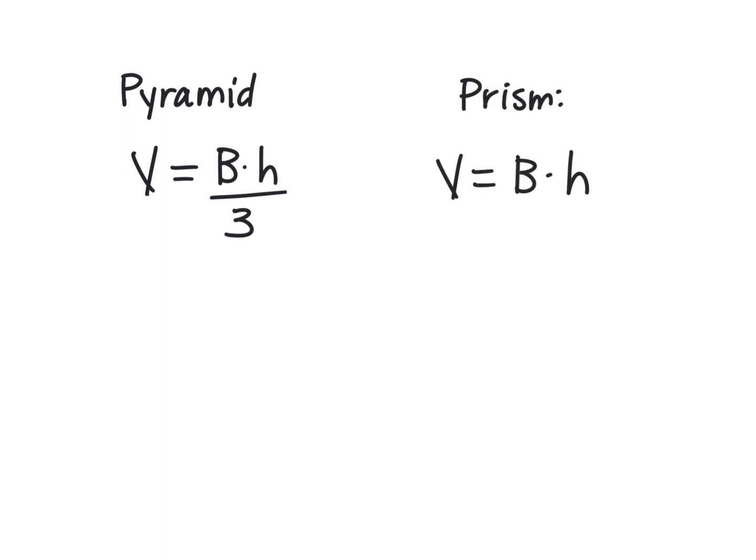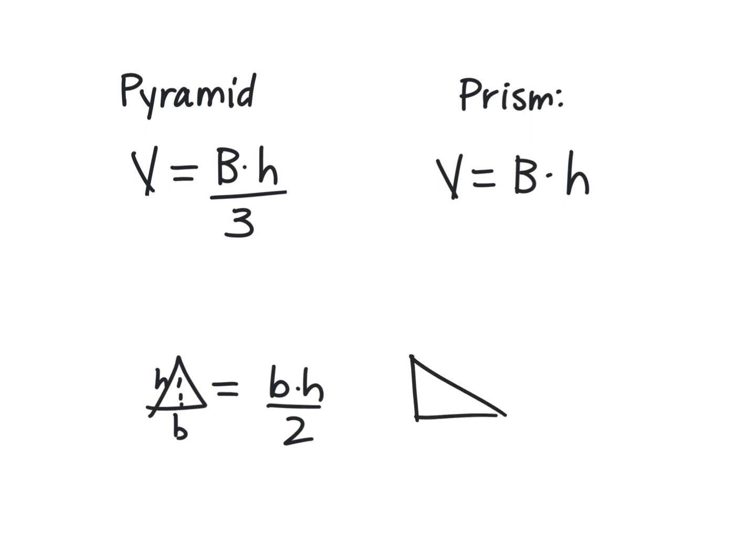No dividing by 3. Okay, another quick refresher, if you run into a triangle and you have to find the area of a triangle, remember it's the base times the height, and then you divide by 2. Okay, so if I gave you this triangle here and that was the base, I would do 8 times 5 divided by 2. Okay, so those are just some formulas that you're going to want to use.